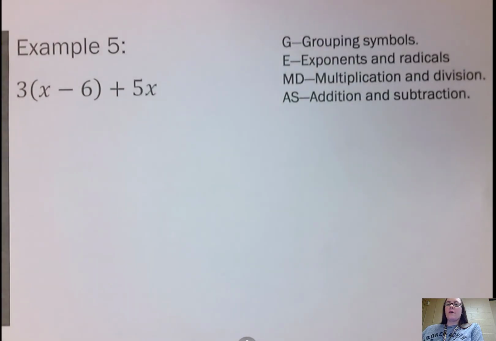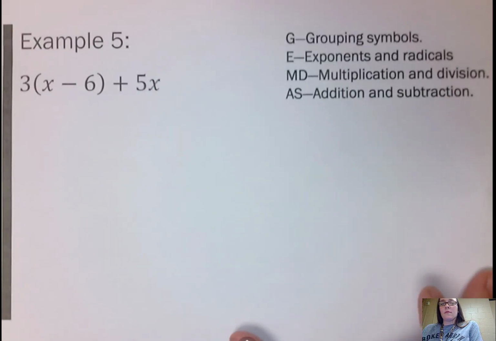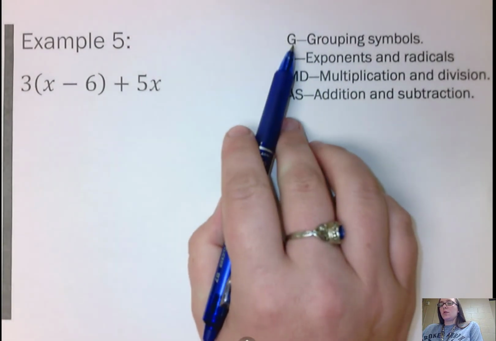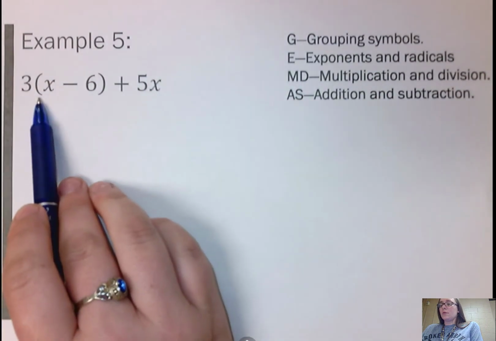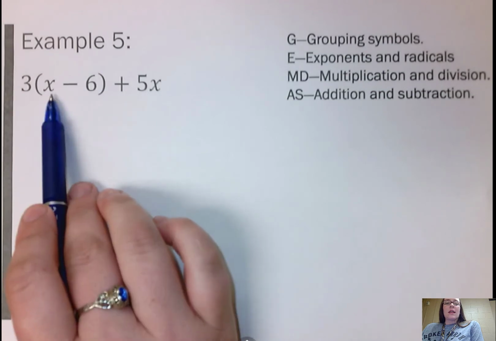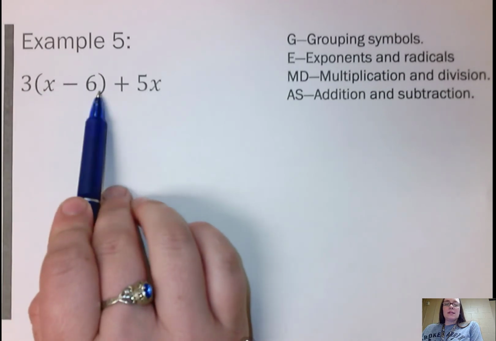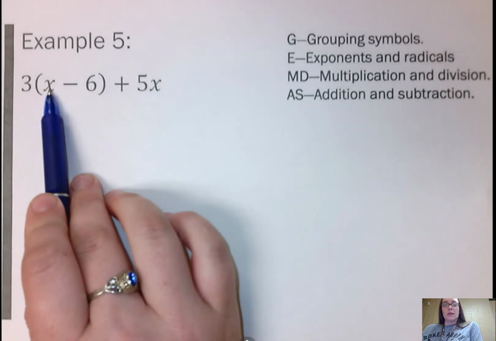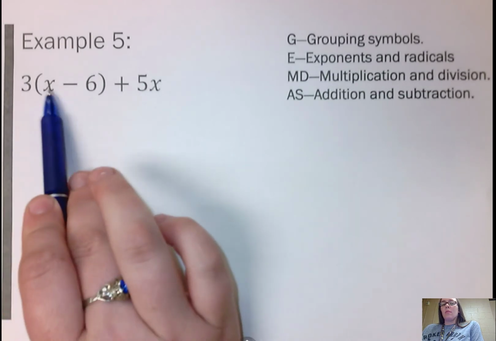All right, and our final example for this one. We have grouping symbols. I can't do anything in my grouping symbols, can I? Because I've got an x minus 6, and we don't know what x is. But I have this 3 that's multiplying.